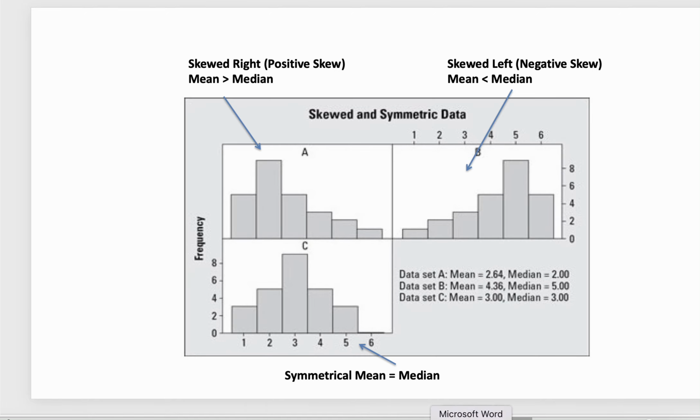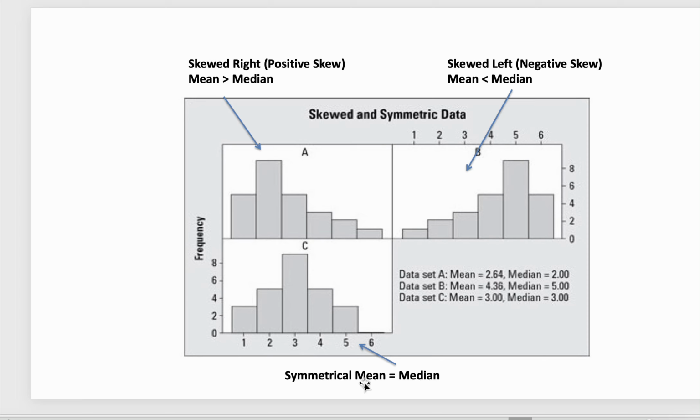Here's some pictures. This is symmetrical. The right-hand side looks like the left-hand side. If it's symmetrical, it means like if you put a vertical line through the center here at 3, you could fold it and the right-hand side would completely overlap the left-hand side.